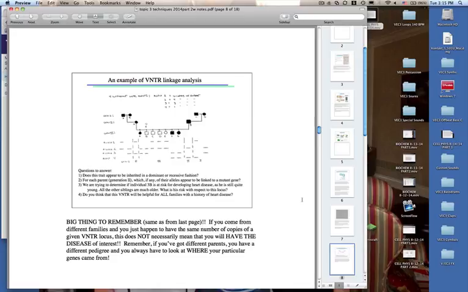Not necessarily in this case, but depending upon the whole setup and the whole inheritance pattern, you might be able to, you might not be. And again, that's going to be completely dependent upon what phenotypic traits you've got and how much disparity you have between the 2 parents and their grandparents, right?